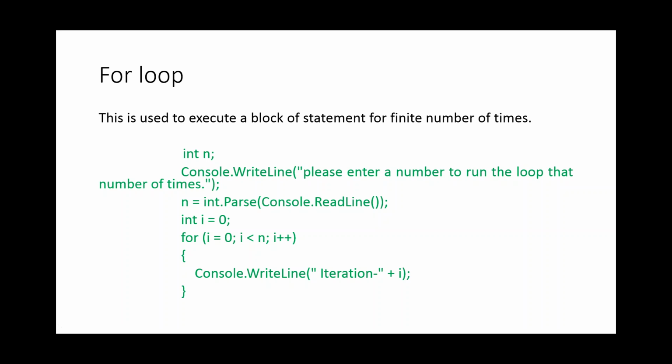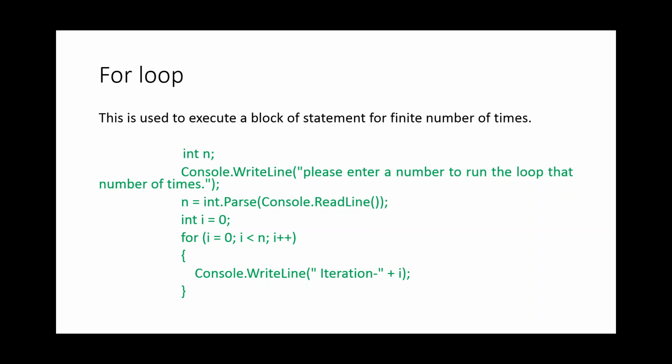It validates every time whether i is less than n or not, and then it executes the statements inside the curly brackets of the for block, and then your i value will be increased. So if you enter n value 10 and you are executing your loop, the very first time the i value will be 0 and n is 10.